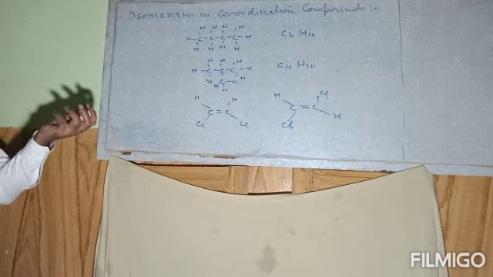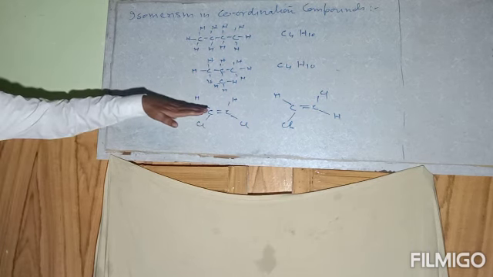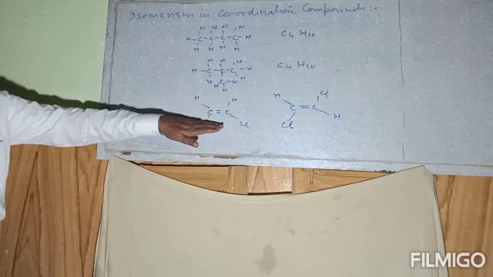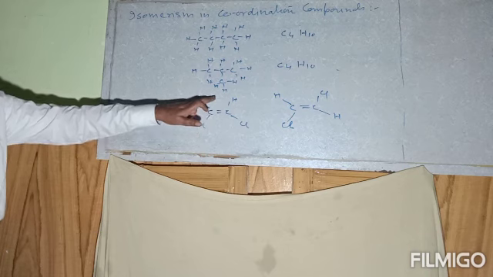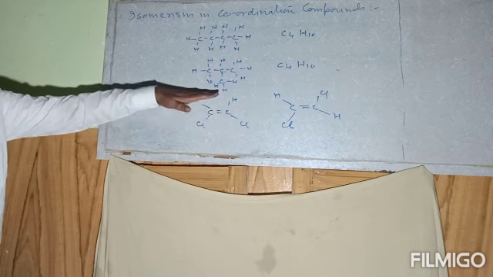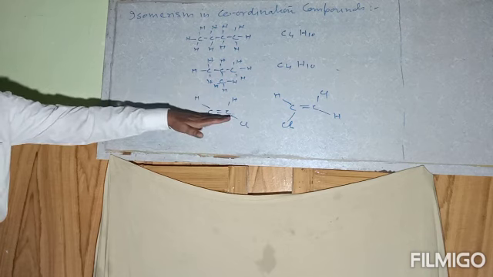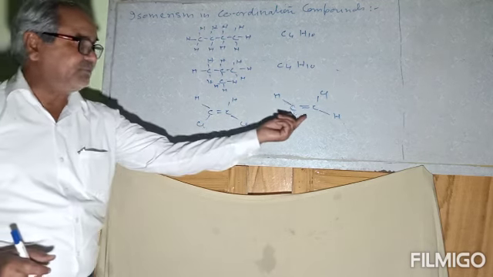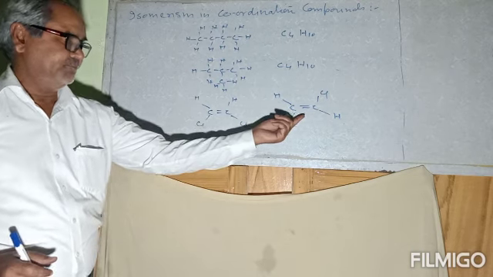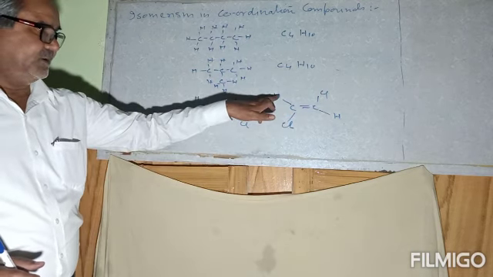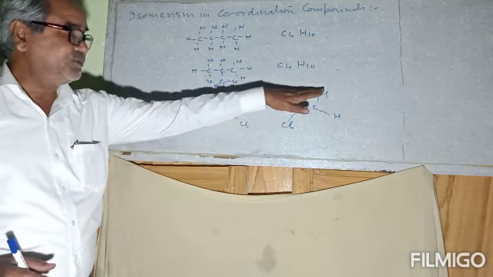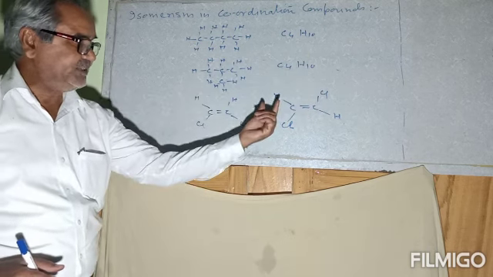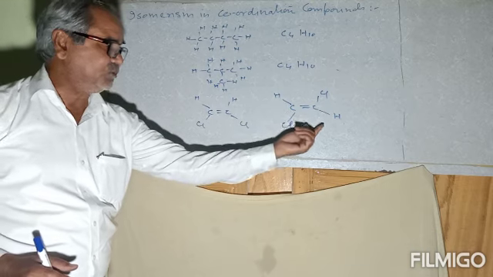The difference is that in this compound both hydrogen atoms are on the same side of the double bond. Both the chlorine atoms are on the same side of the double bond, but in this compound hydrogen and chlorine are on one side and on the opposite side there is one hydrogen atom and one chlorine atom.